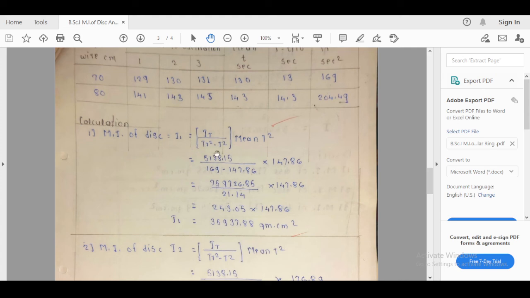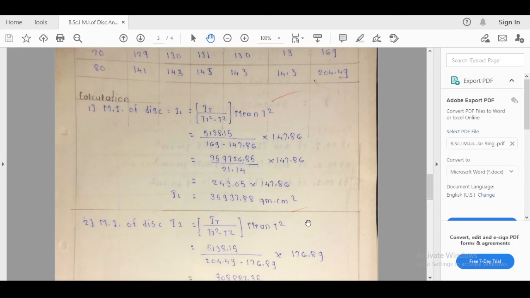It is coming here TR square equal to 169, minus T square, when there is no ring, from the first observation table. This ratio we multiply by the same value and it comes out to be 35937.88 gram square centimeter.